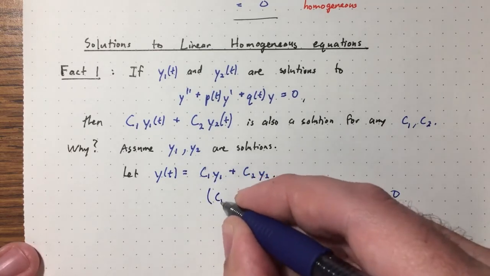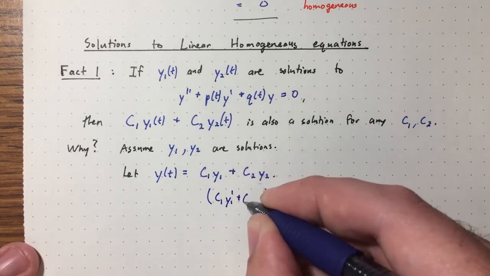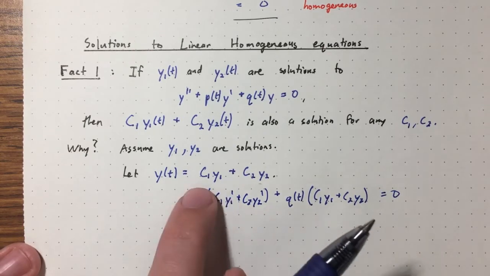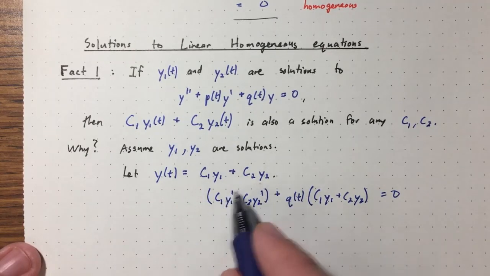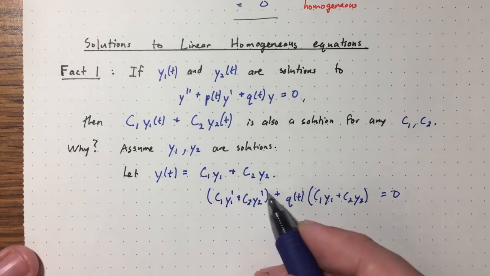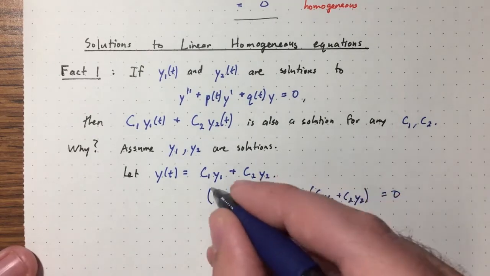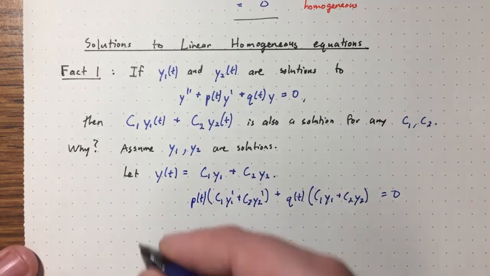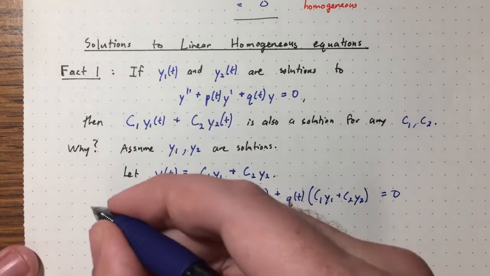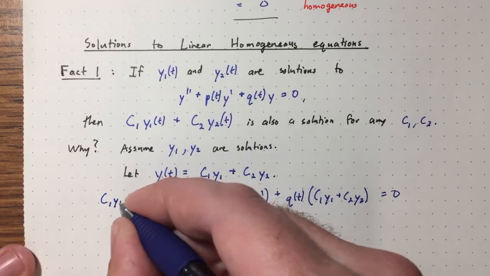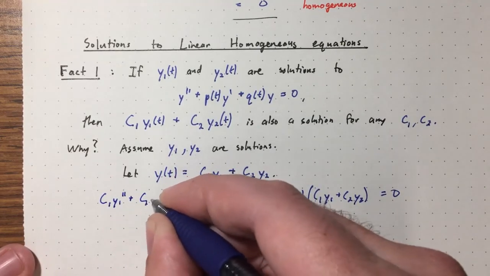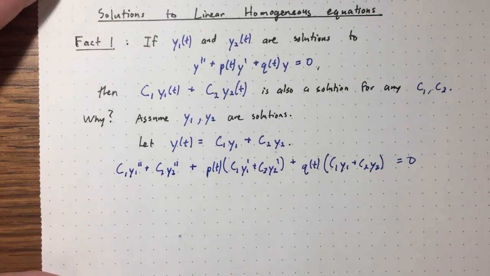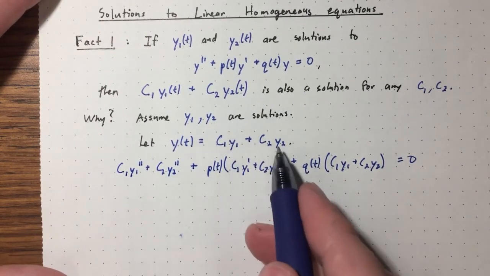So the derivative is just c1 y1 prime plus c2 y2 prime. Notice that we're really using the linearity of the derivative here. The derivative distributes over sums, and you can pull out constants. So this is p of t. And then y double prime is c1 y1 double prime plus c2 y2 double prime. So I'm just plugging this in.